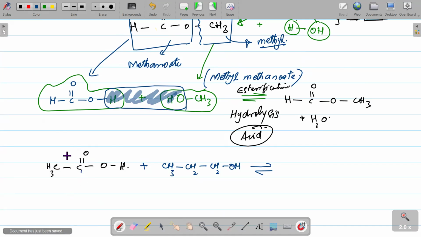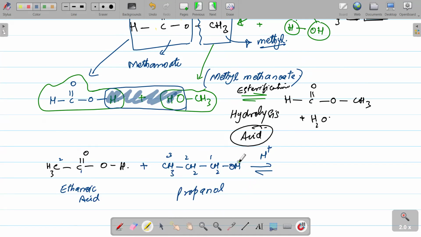It has two carbon atoms, so it is ethanoic acid, right? Okay. And this alcohol has one, two, and three. So its name is propanol. So in presence of acid, which is catalyst in this case, so what happens? They will condense by the loss of water.